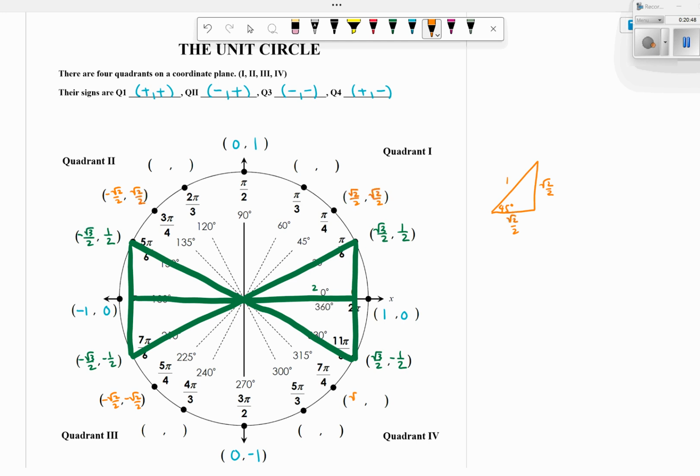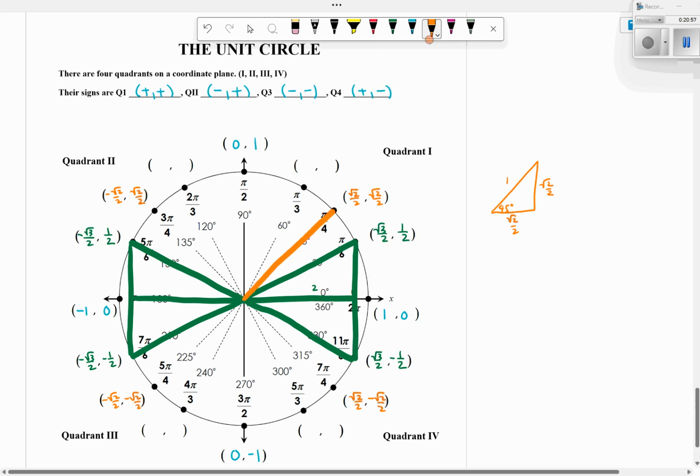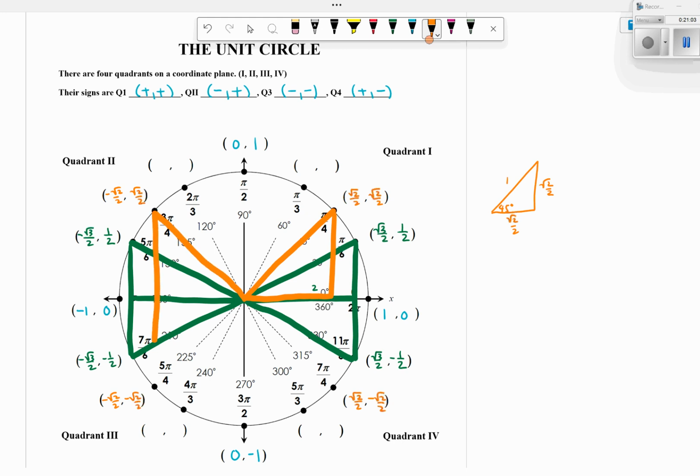And down here would be positive and then negative. And those are all using the 45 triangle. So that's going to flip over here. Only difference is we're just changing the quadrants.